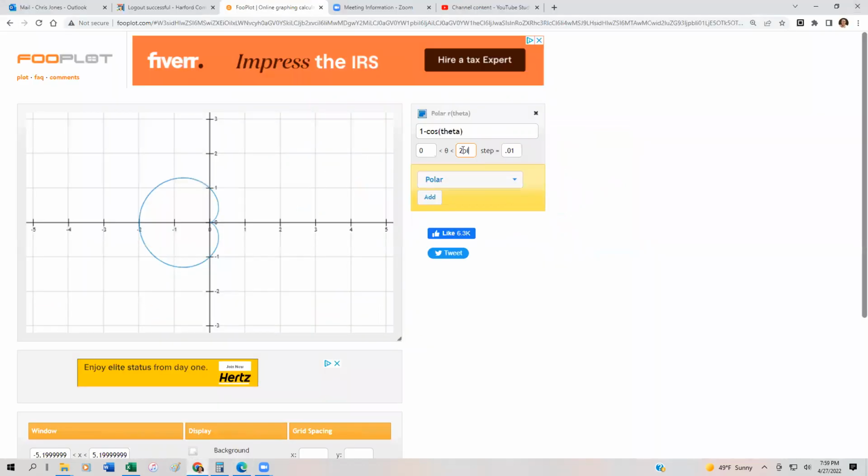I know what's happening at 0 and at 2 pi. Those don't look like they would be vertical tangents, because of the dimple there. But if I just look at pi, it's right here, and it looks like the slope is indeed vertical at that point.